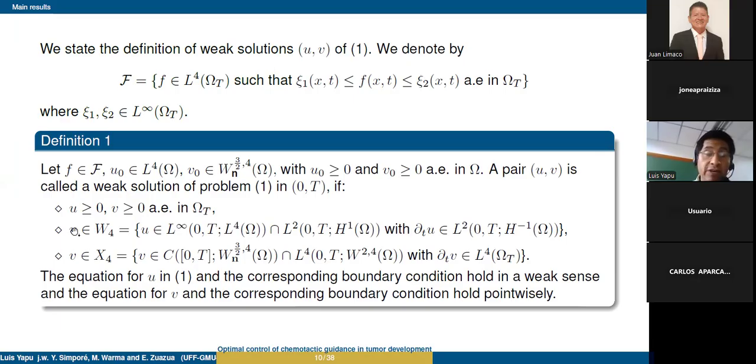After the study we have done, we work with this space for U, the density of the cells, L infinity L4, L2 H1, and for the chemical, those spaces. So these are the initial conditions, and we work the first equation in the weak sense and the second equation pointwise. This is the notion of solution that we will use for our problem.